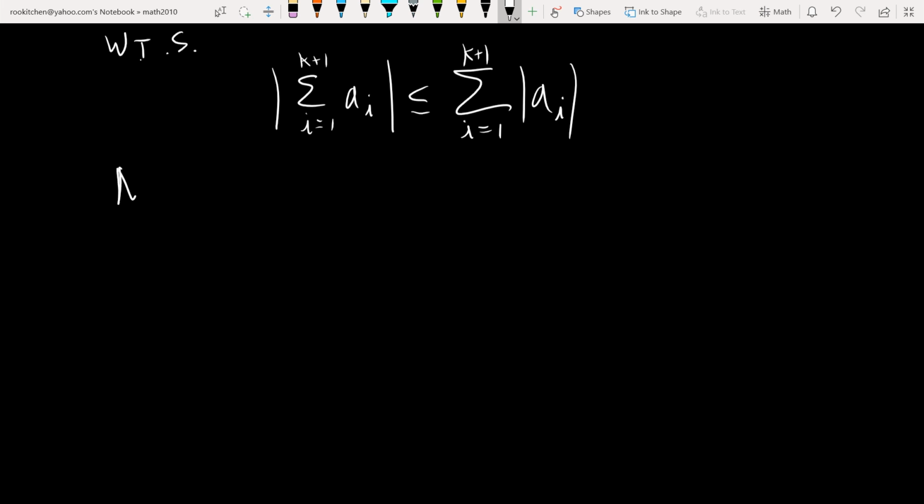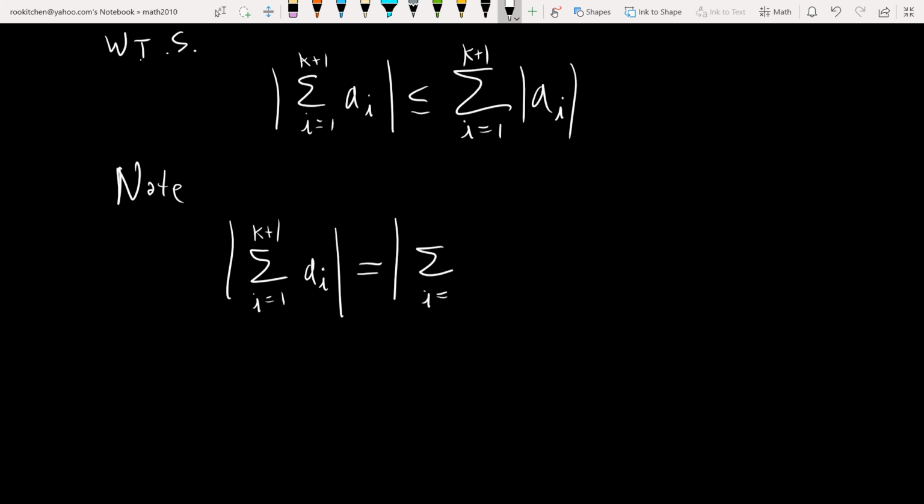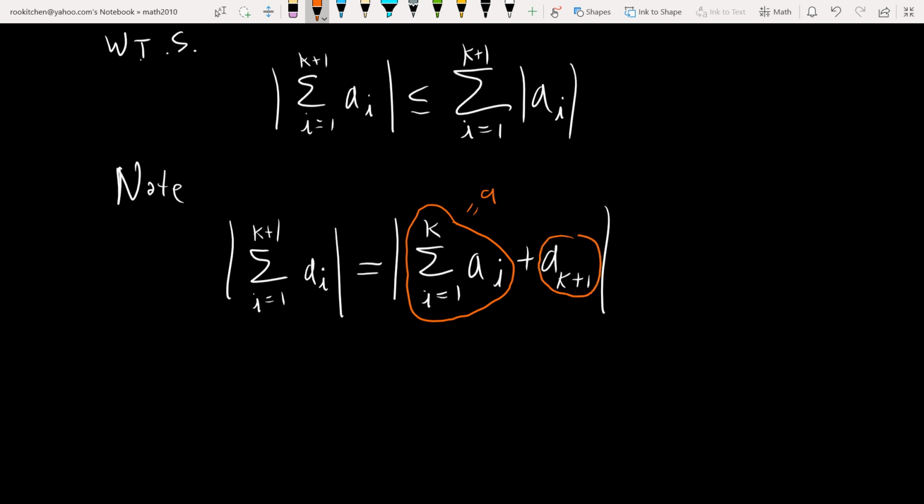We'll start on the left. So note the absolute value of the sum from i equals 1 to k plus 1 of a sub i. We can use the recursive definition of a sum that I just introduced above to rewrite this as the absolute value of the sum from i equals 1 to k of a sub i plus a sub k plus 1. And then we can apply the triangle inequality, where we think of this as our a and this as our b.